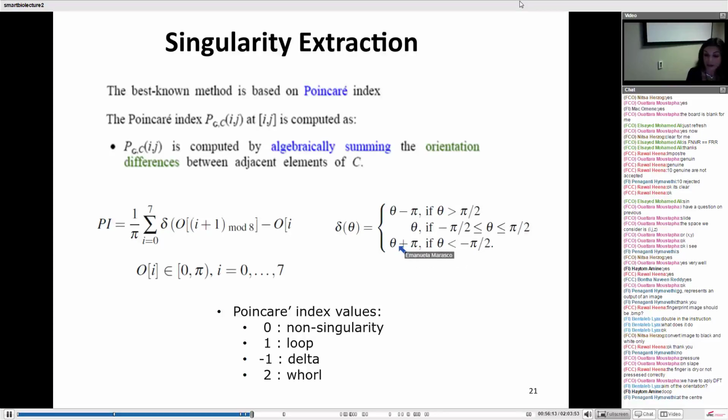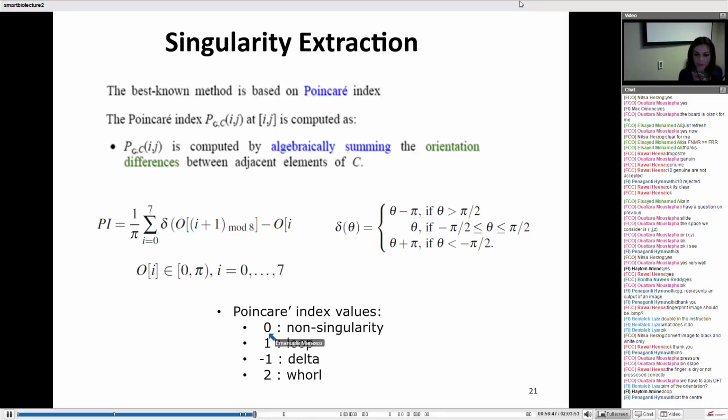If the difference is less than minus 90 degrees, then you write delta theta plus 180 degrees, which will be the value used in the sum of all these differences, right? And then the sum will be divided by 180 degrees, and the Poincare index will be the value obtained after the application of this sum and ratio, the division by 180 degrees.